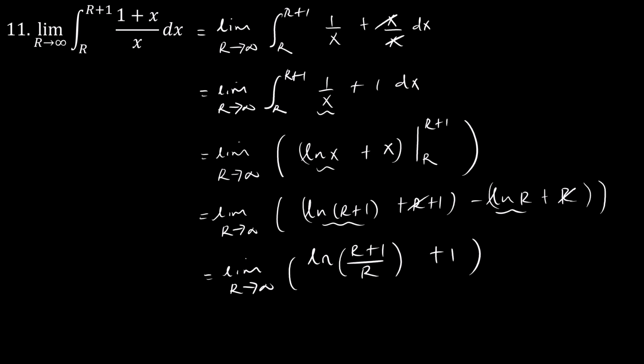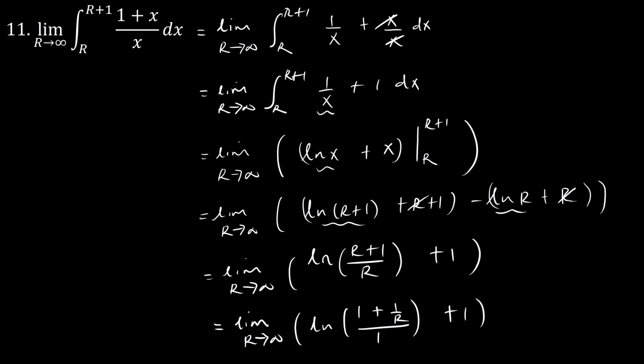If we divide both the numerator and the denominator by r, we have 1 plus 1 over r, plus 1.